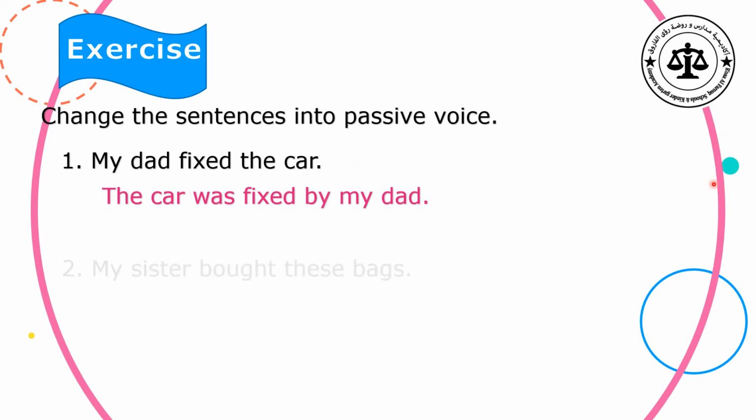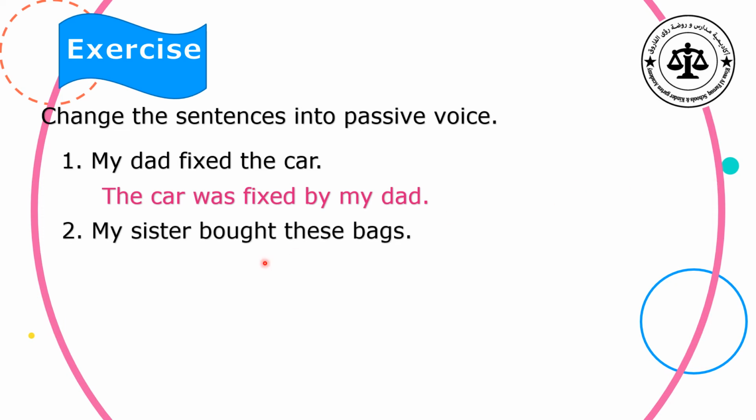Look at sentence 2. My sister bought these bags. يلا. Let's identify. My sister is the subject. Bought, verb 2. These bags, it's an object. Excellent.